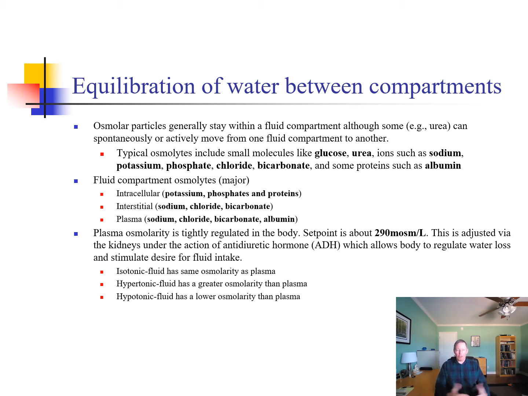What physicians generally refer to as isotonic is something that is somewhere close to 290 milliosms per liter. And that's the way that I'll actually use it in these slides. So isotonic, hypertonic, and hypotonic are fluids that I can give intravenously, and those have important implications.